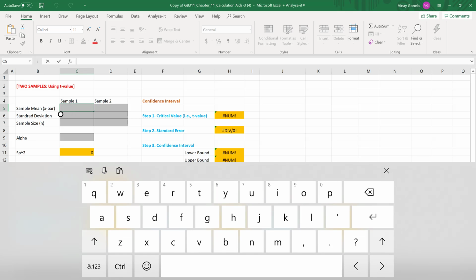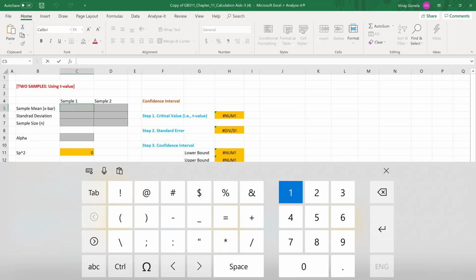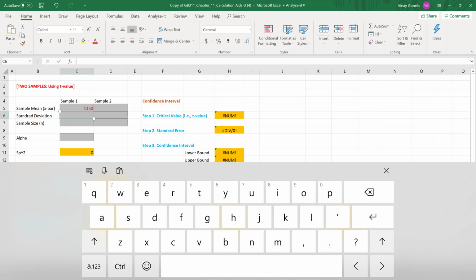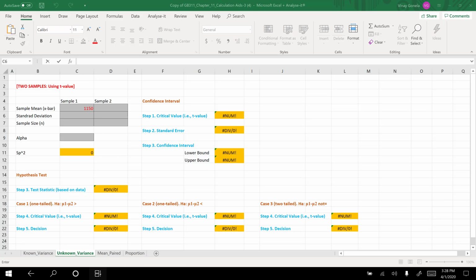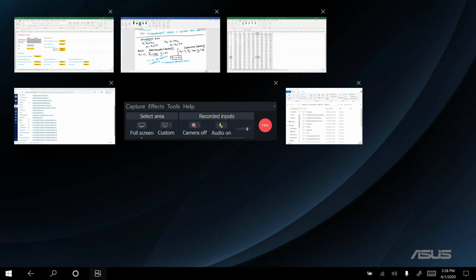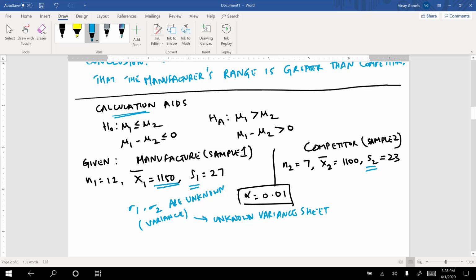So this is 1150, and then the sample standard deviation is 27.